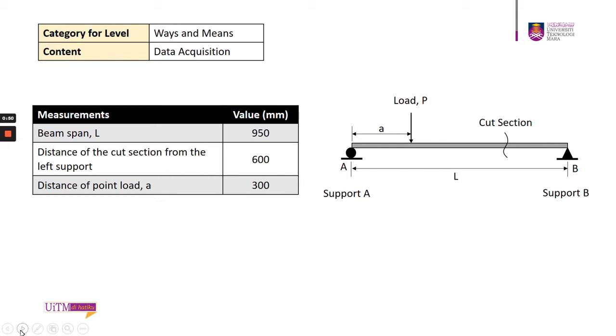The beam length is 950 mm. The distance of the cut section from the left support is 600 mm. And the distance of point load A from support A is 300 mm.